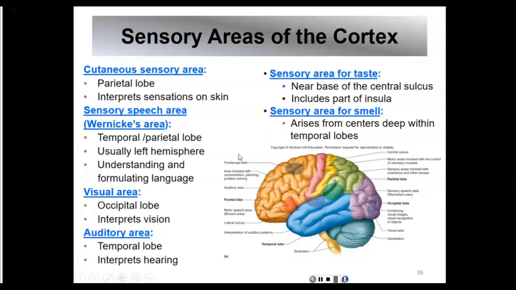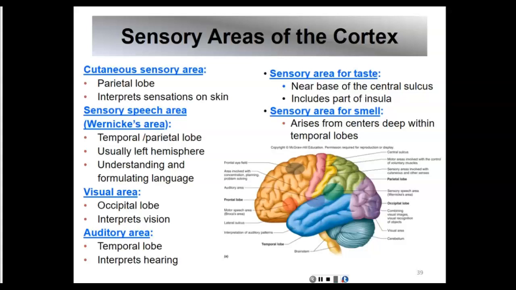Sensory is going to be kind of the back half of the cerebrum. The cutaneous sensory area is in the parietal lobe, and it interprets sensations on the skin.